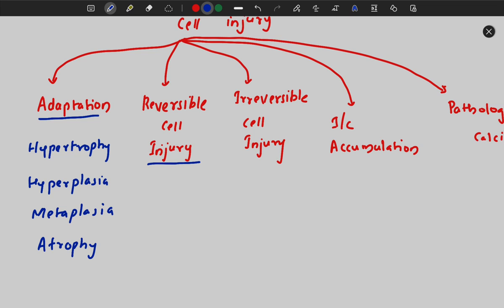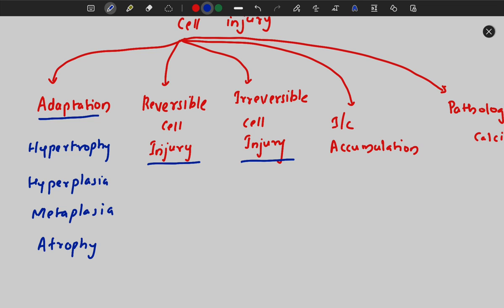But if the stimulus continues, the cell will undergo irreversible cell injury. When this condition has been reached and we take the stimulus off, the cell won't become normal. That's why it is called irreversible cell injury.